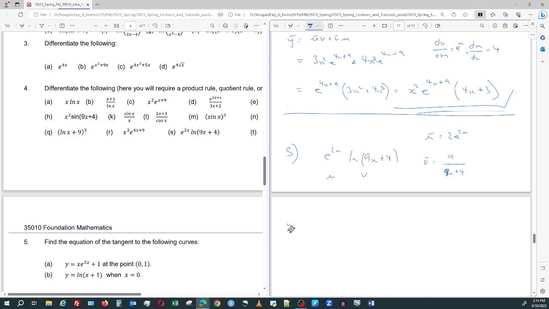So the derivative of a product is... and so we can put them all together.